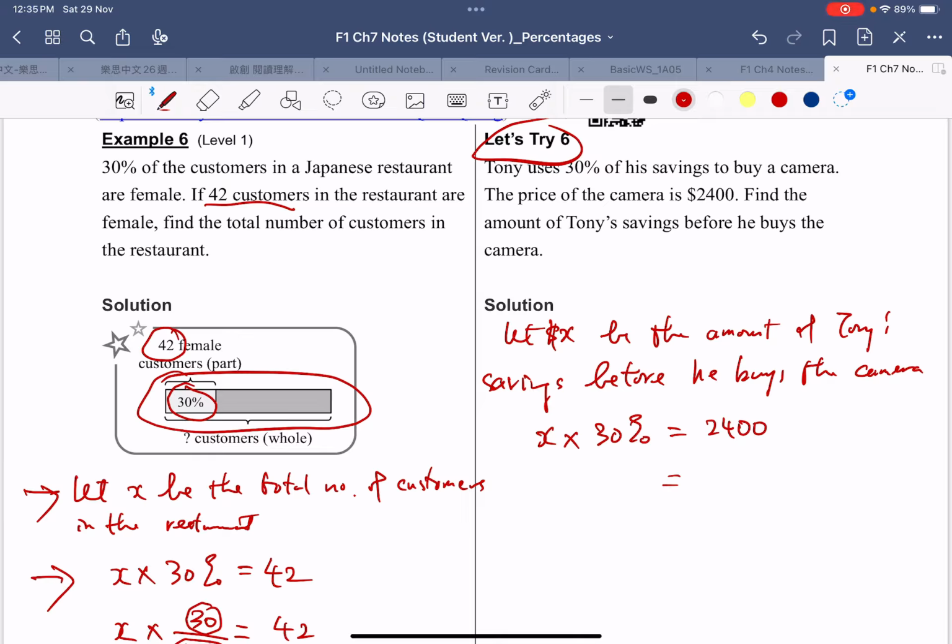You can change the percent into a fraction, or you can write division here. Of course, this step is no use unless you change it into a fraction. So divide by 30%, just like this, and a simple calculation will give you the answer to be 8,000.